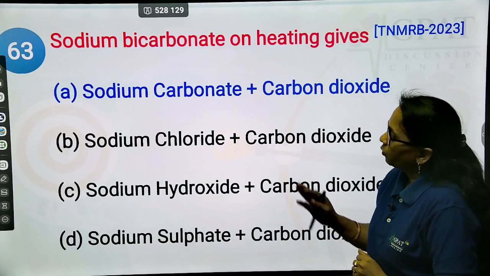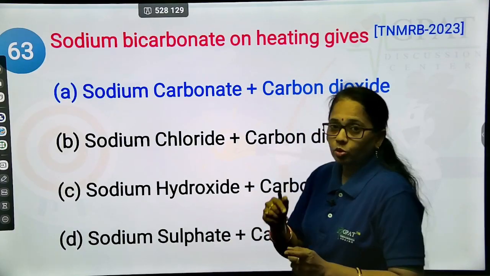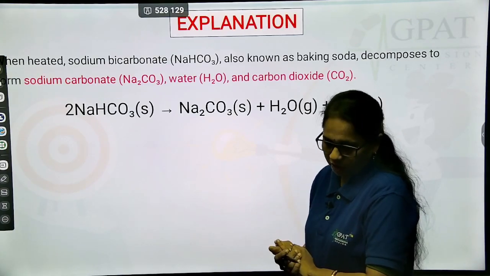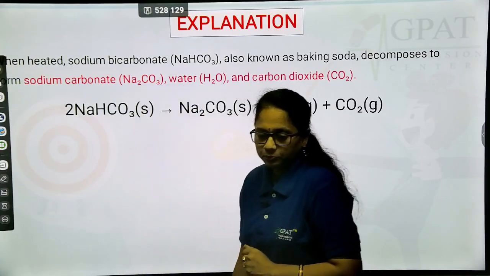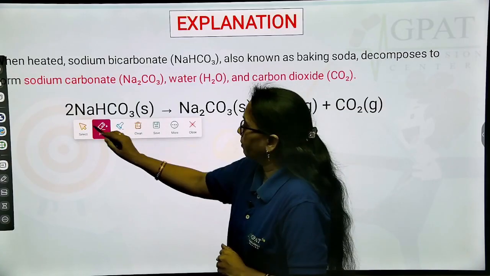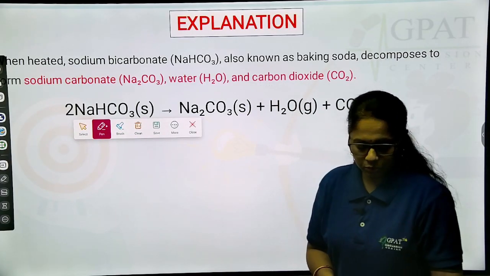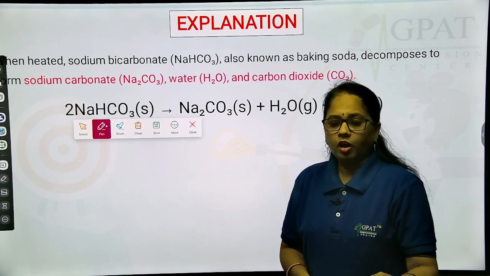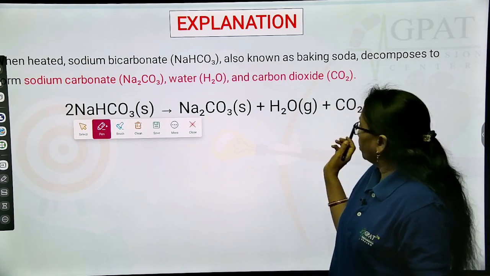carbon dioxide. We know that sodium bicarbonate, NaHCO3, on heating, 2 molecules of sodium bicarbonate give sodium carbonate as well as CO2 and water.